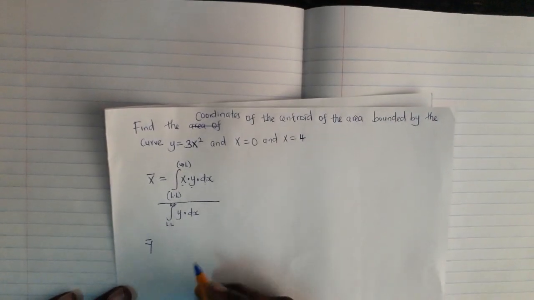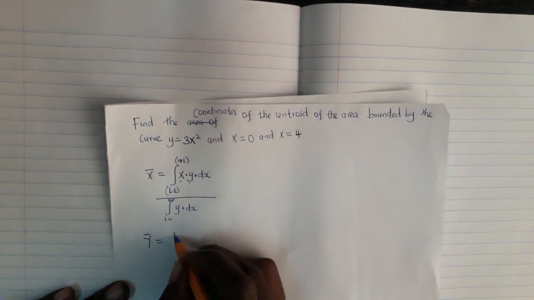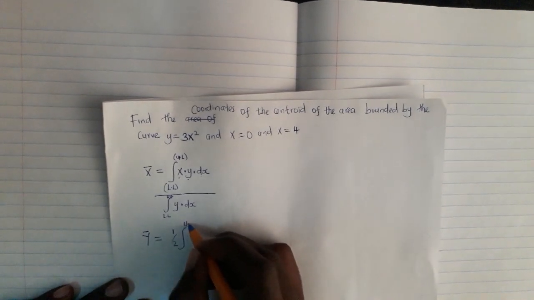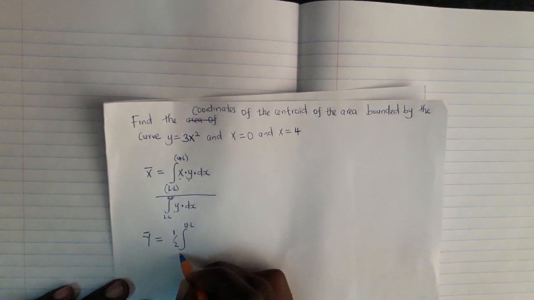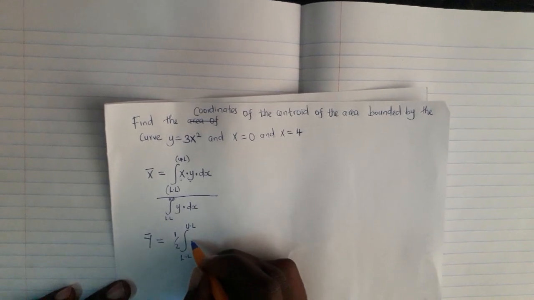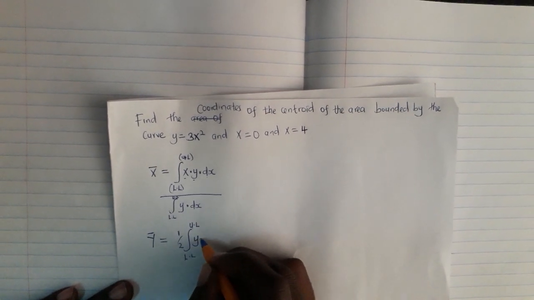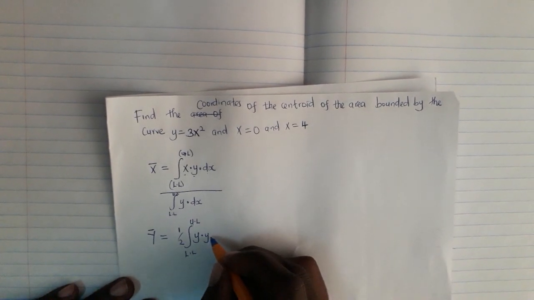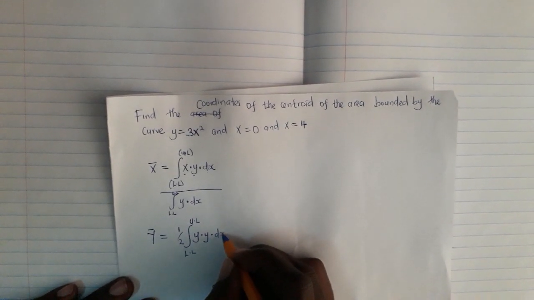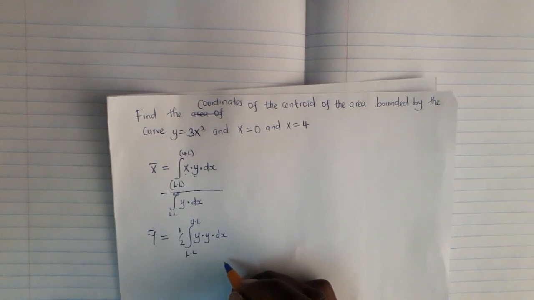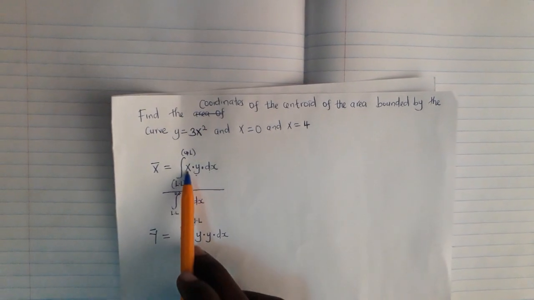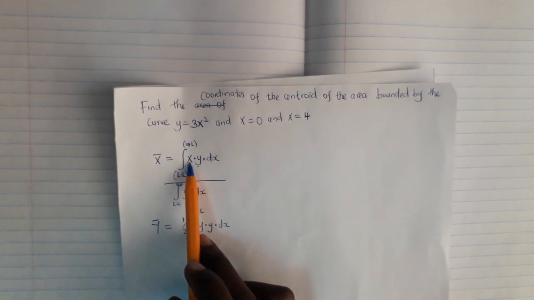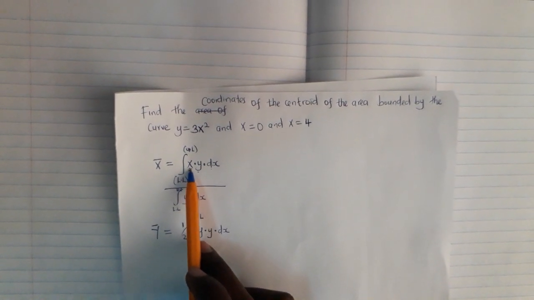coordinate or our y bar is equals to a half, and then the integration of, we have our upper limit here and then our lower limit, integration of y, and then we have another y here integrated with respect to dx. So here we were finding the value of x, that's why we included this x here.